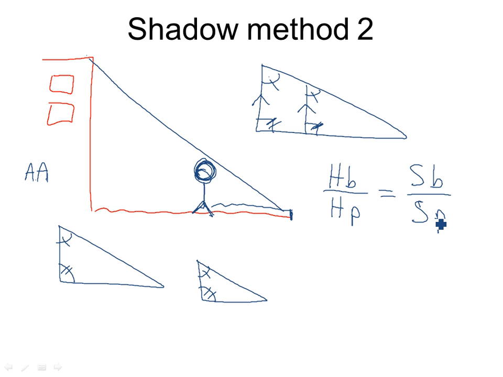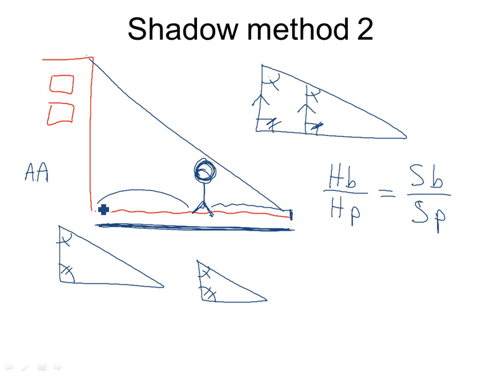And that's sort of the same one as the first one, but what you've got to be careful of again is this distance down here. You might know the distance the person is from the building, and you might have to add or subtract to get one of the other distances.